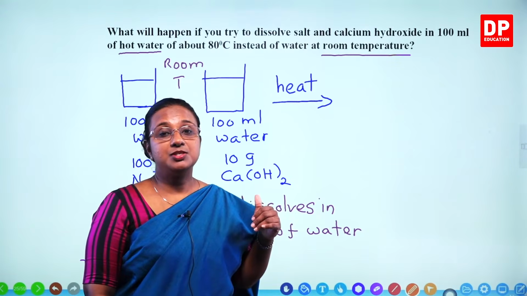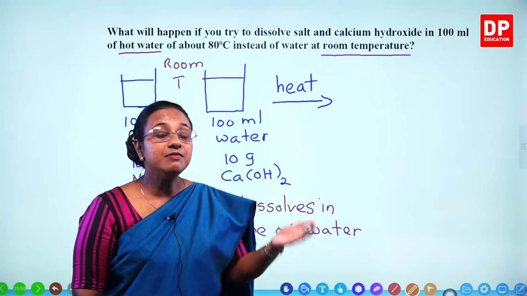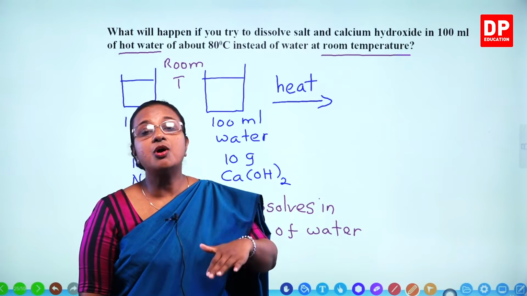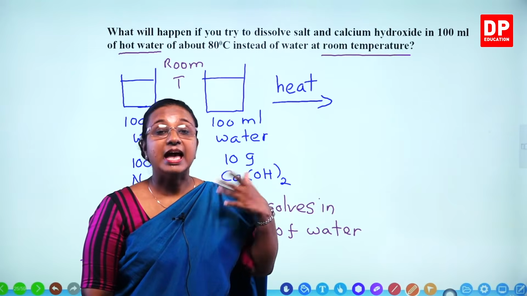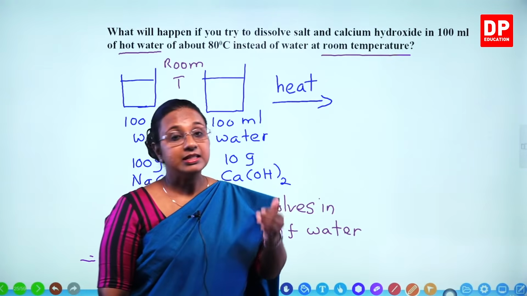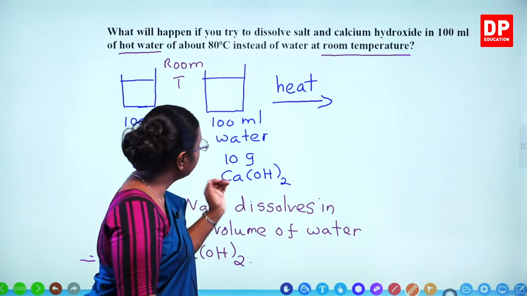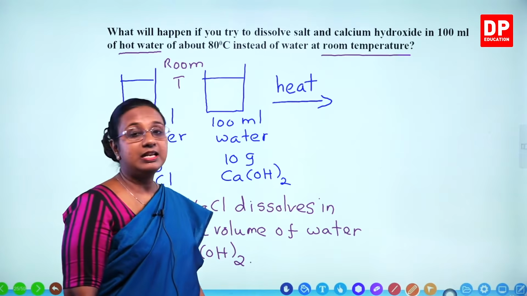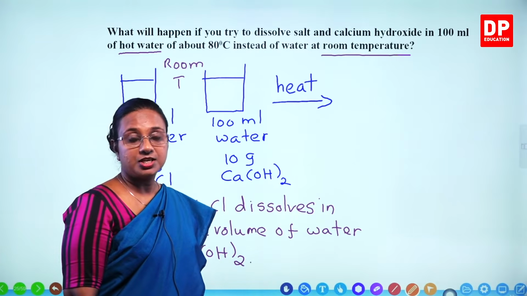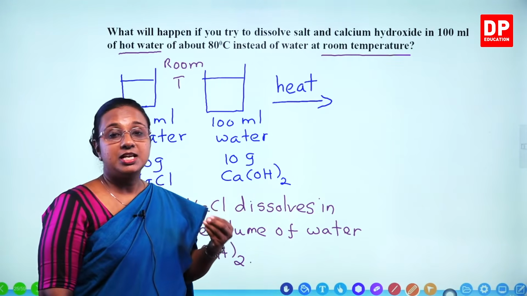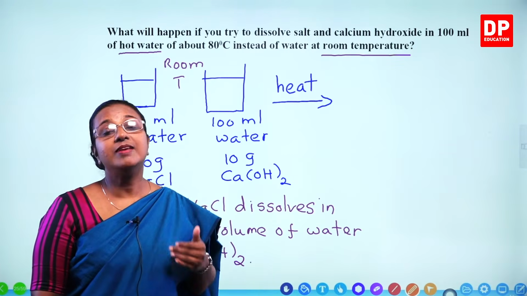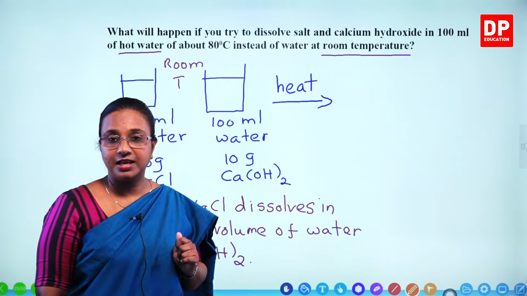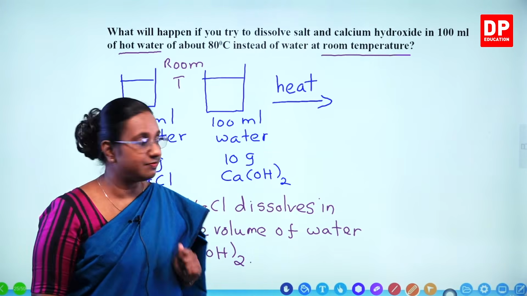You can add some more salt into hot water and dissolve it completely. The same way you can dissolve more calcium hydroxide. So when we heat the solutions, more solute will dissolve in it. That is the second conclusion that we can get from this activity.